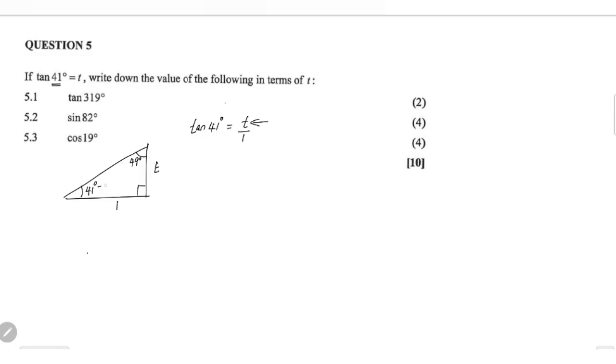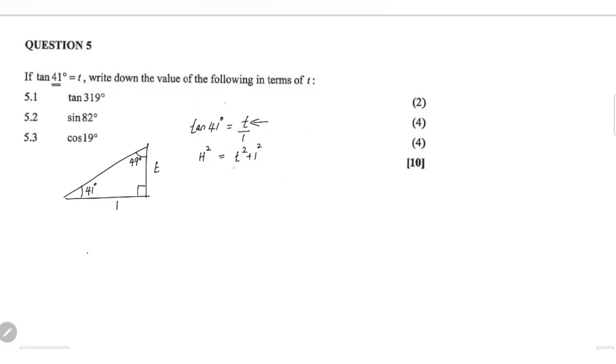Then we can use Pythagoras to get what? The hypotenuse. What is the hypotenuse? The longest side, or the side opposite to 90 degrees, right? So we can get that using Pythagoras. Hypotenuse squared is equal to the sum of these, that is t squared plus 1 squared, that is 1 itself, isn't it?